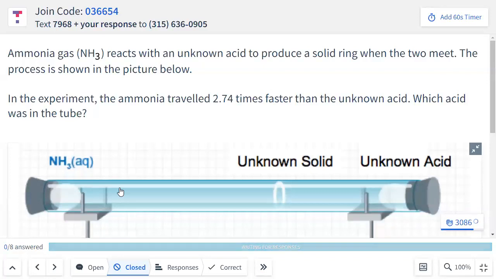And when they come into contact with each other, they form a chemical reaction that gives us a solid product. Our question is this: if the ammonia traveled 2.74 times faster than the acid, what acid are we talking about?